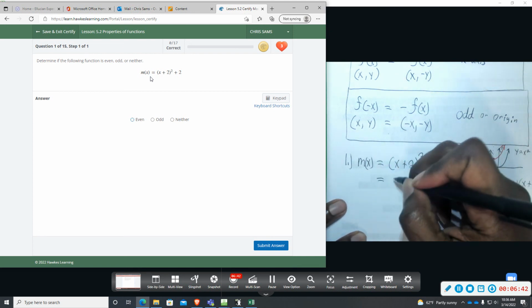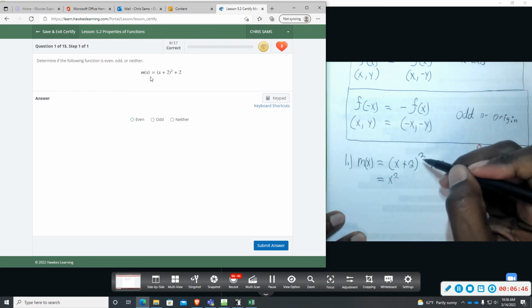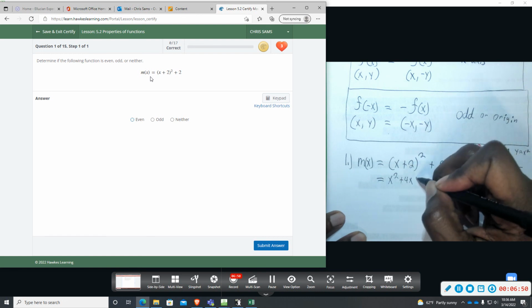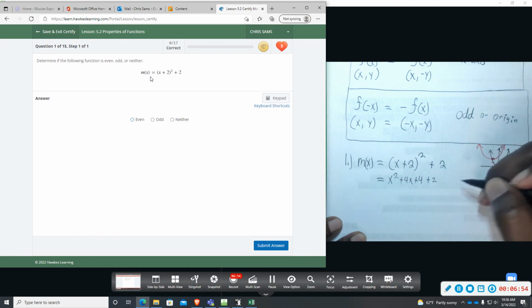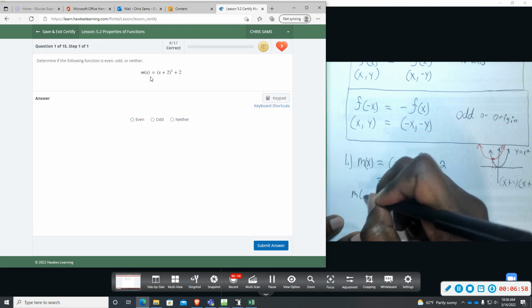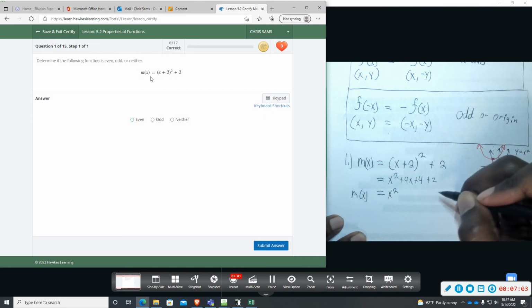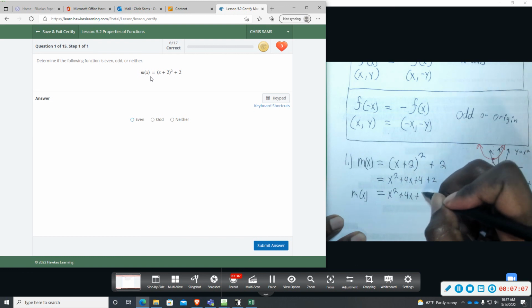So this is equal to x squared plus 4x plus 4. So that's what you get with this, and then you got this plus 2 out here. And then at the end of the day, m of x is equal to x squared plus 4x plus 6.